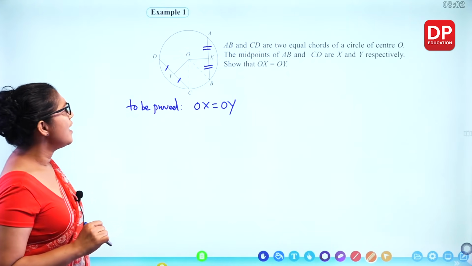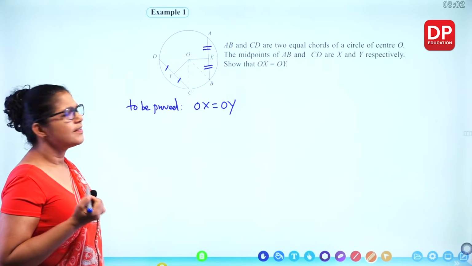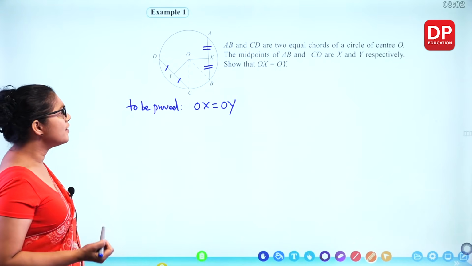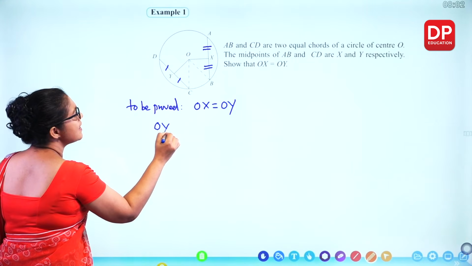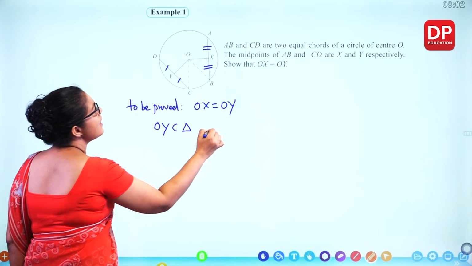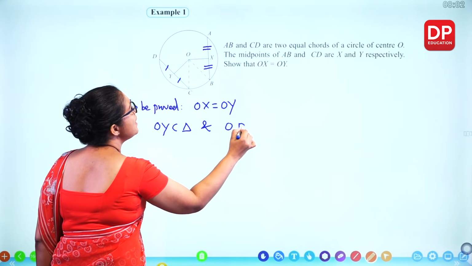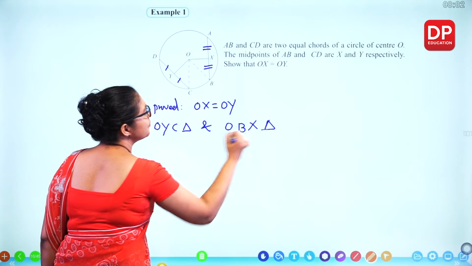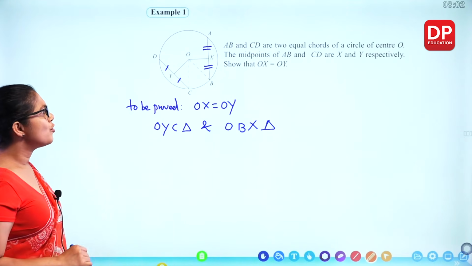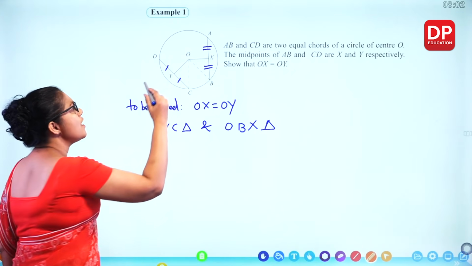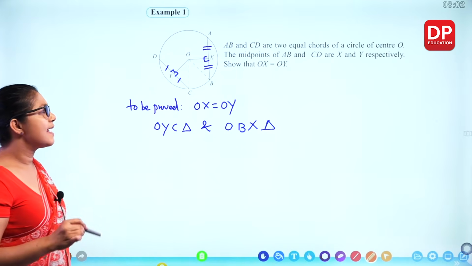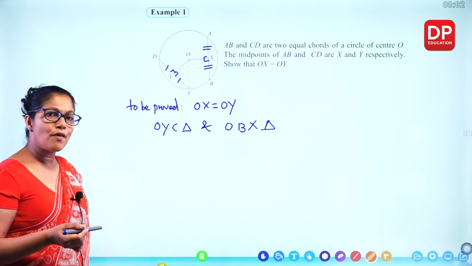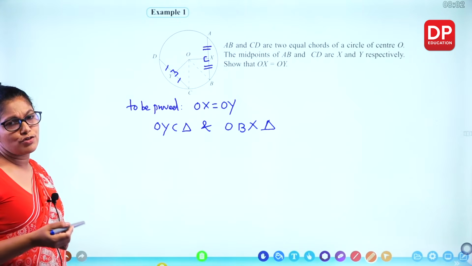So here we have to look at the two triangles. So what are the two triangles we need to look? OYC triangle and OBX triangle. What you know about those two triangles? We know this is perpendicular. The line joining the center with the midpoint of the chord is perpendicular to the chord.